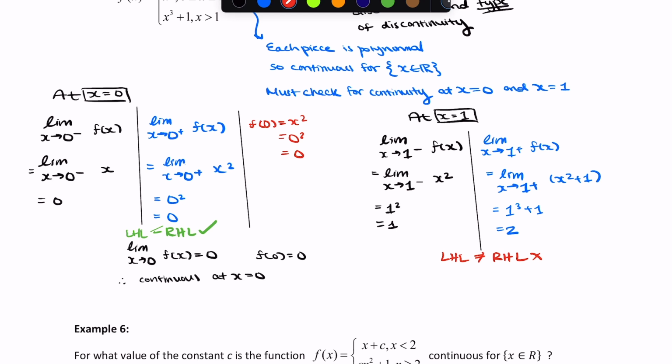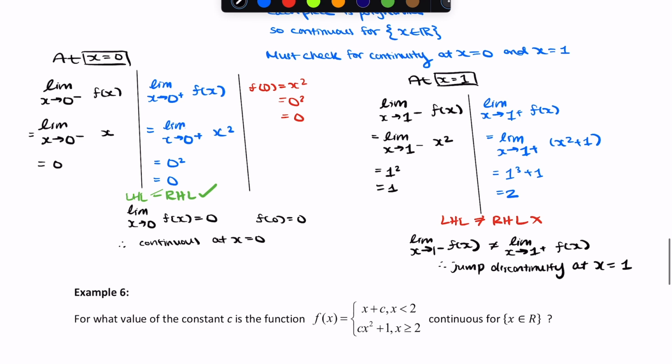So therefore, we can write here, formally, the limit as x approaches 1 from the left of f of x does not equal the limit as x approaches 1 from the right of f of x, and therefore there's a jump discontinuity at x is equal to 1.